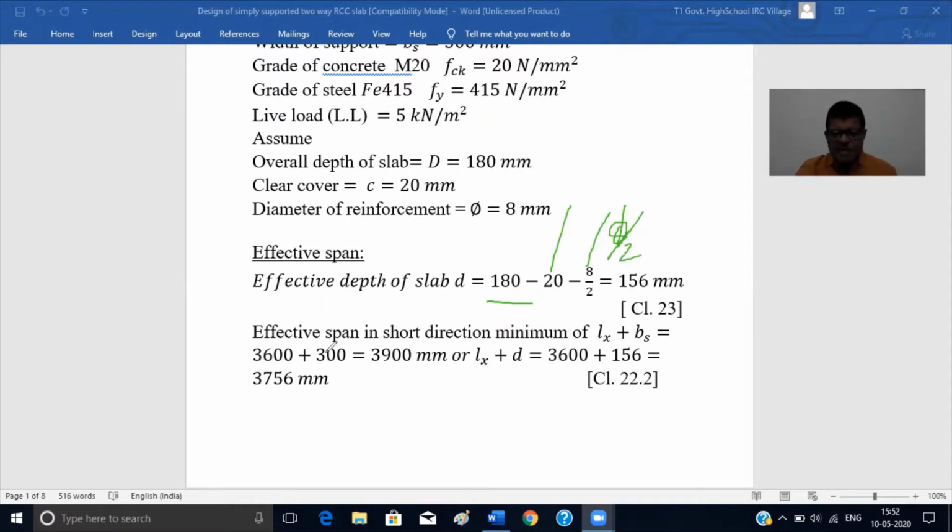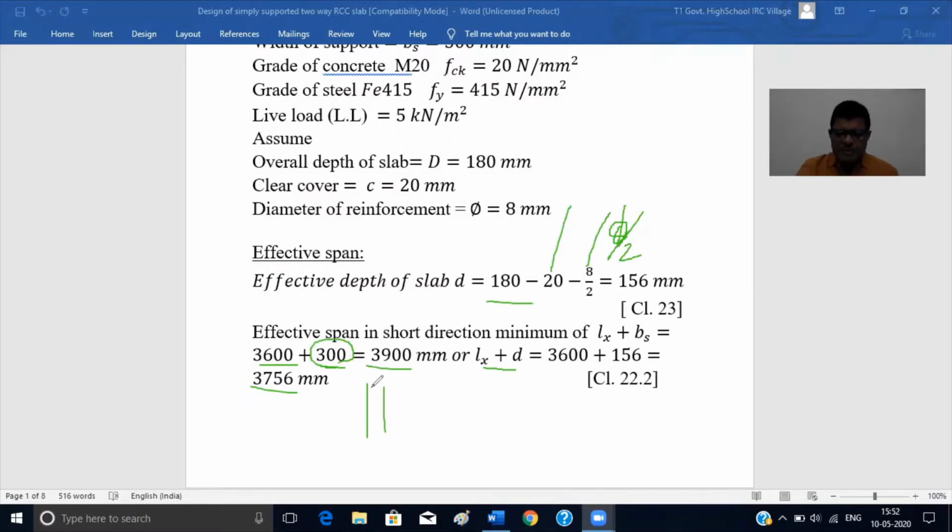Now, effective span in short direction is equal to clear span plus effective depth or clear span plus width of support, whichever is less. So clear span plus effective depth comes out to be 3756 and the other becomes 3900. So 300 is the width of support because support on both sides is same.